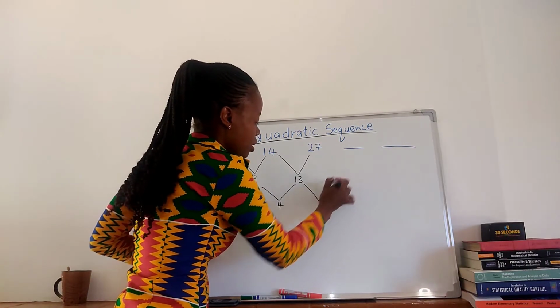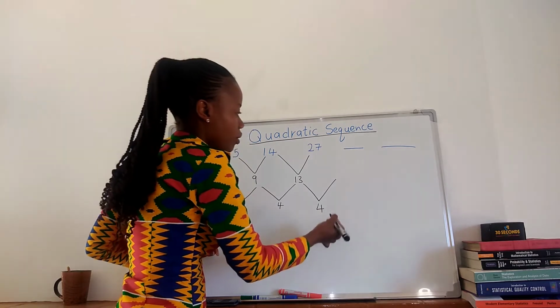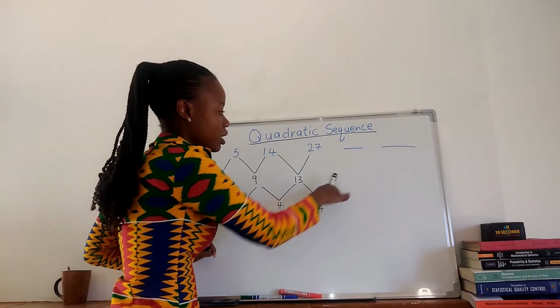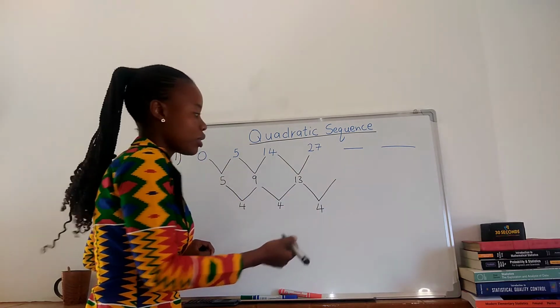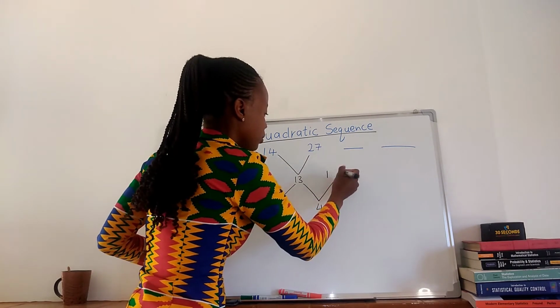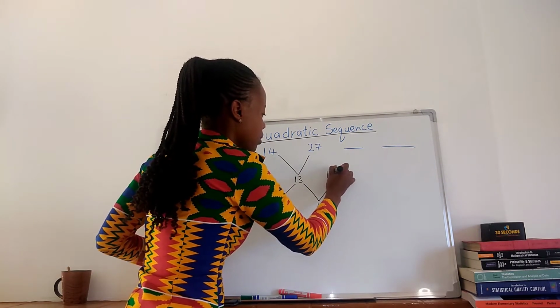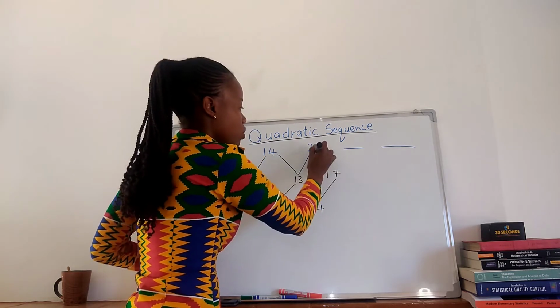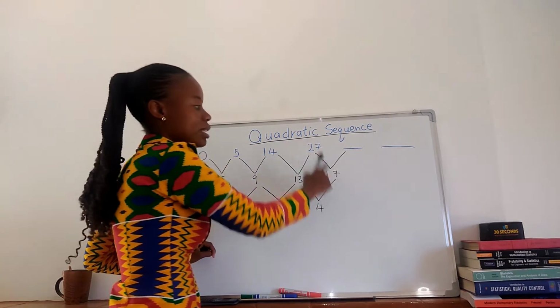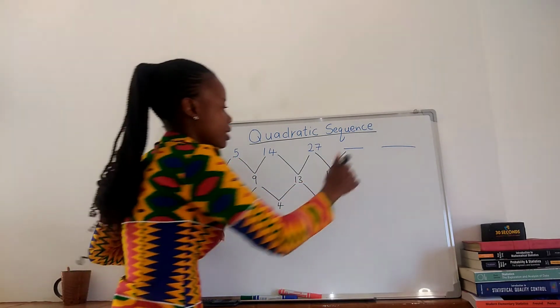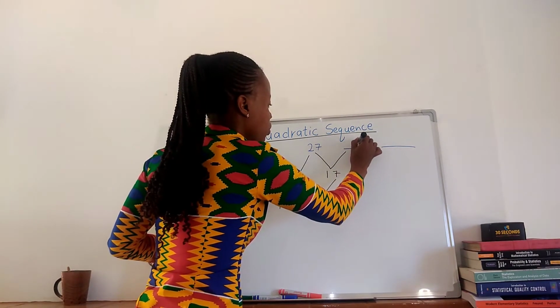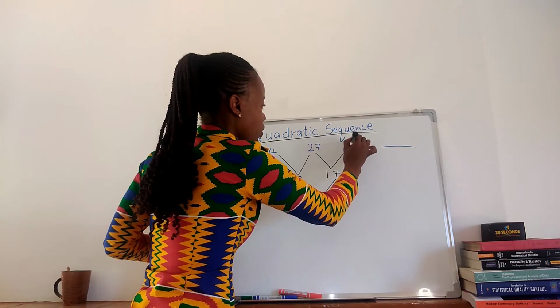So here it means that you add 4. We're going to add 4 here to get the difference between 27 and our next term. So we're going to have 17. We're going to add 17 to 27 to get our next term, which is going to be 44.